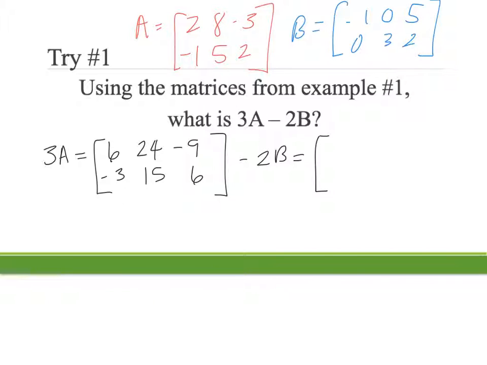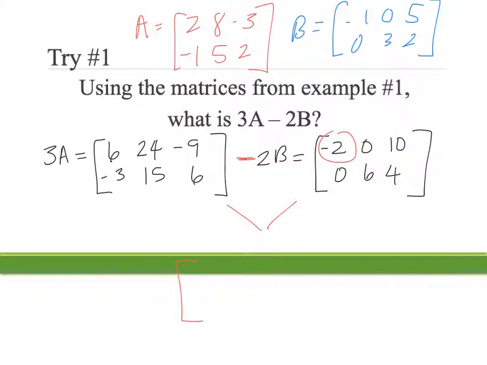Minus 2B, so 2B would be 2 times negative 1 is negative 2, 2 times 0 is 0, 2 times 5 is 10, 2 times 0 is 0, 2 times 3 is 6, and 2 times 2 is 4. So remember, we are subtracting these numbers to get our final answer down here. So 6 minus a negative 2, right?